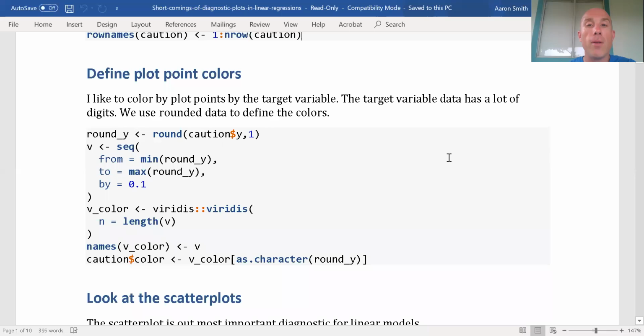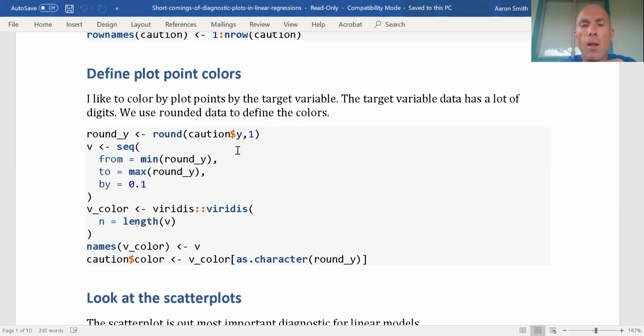And of course, I always color my points by an important variable. So I'm coloring the points by the target variable, and that's what this code is doing. Something that's different this time is that the target variable has a lot of significant digits.